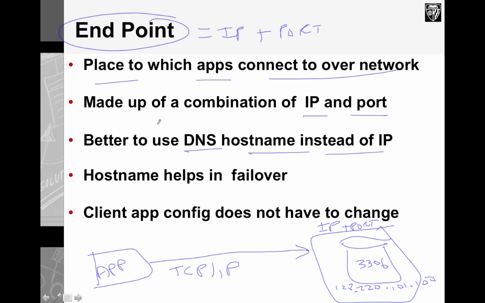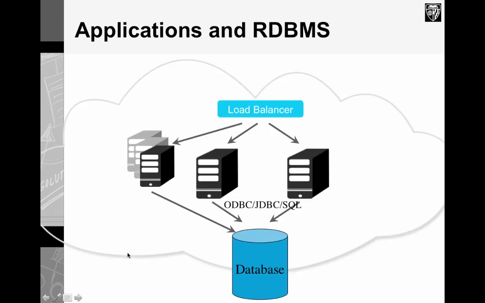So really you can say an endpoint is really the DNS host name of the machine plus the port. That's what makes the endpoint. It can be an IP endpoint also, but it's the host name plus the port that makes it. And the idea there is that the application is going to use the host name and the port to connect to the database. And that's what an endpoint is.